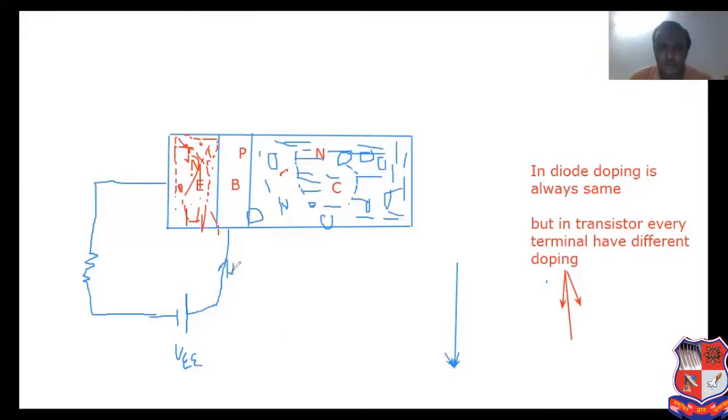It is known as base current. And here current goes outside, flowing through the emitter. That's why it is known as emitter current IE. I have written the symbol IE here.